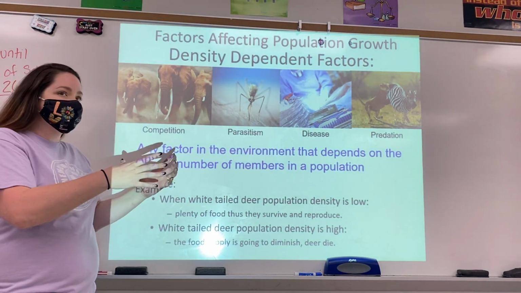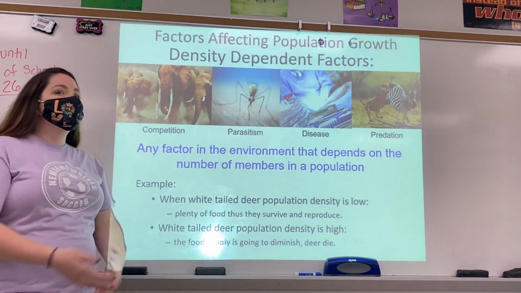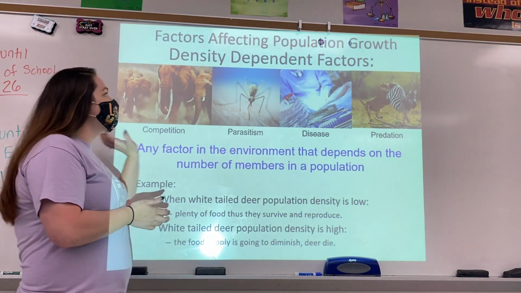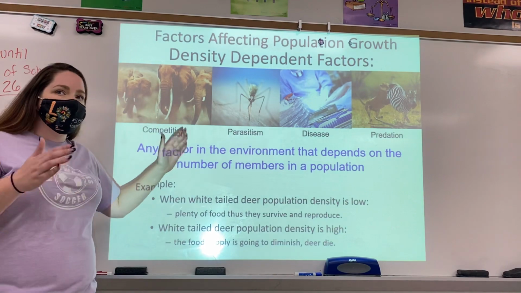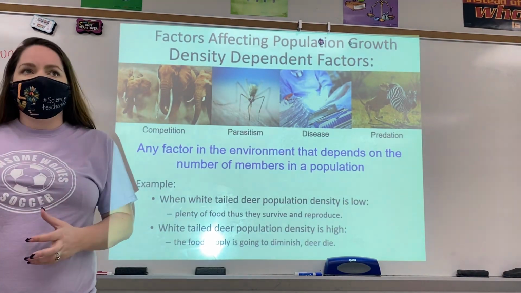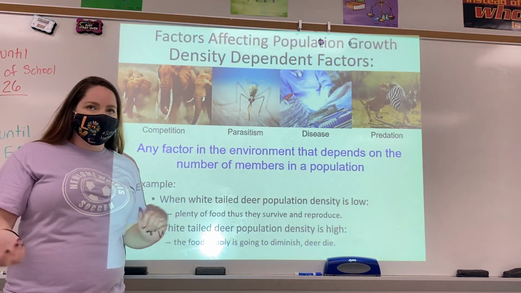Whereas if I have 5 of them, those 5 may all be very well adapted to resisting predation. Okay? So these are all density dependent factors. These are all things that are going to depend on how many individuals you have in the population. How is the number of individuals affecting your population growth?